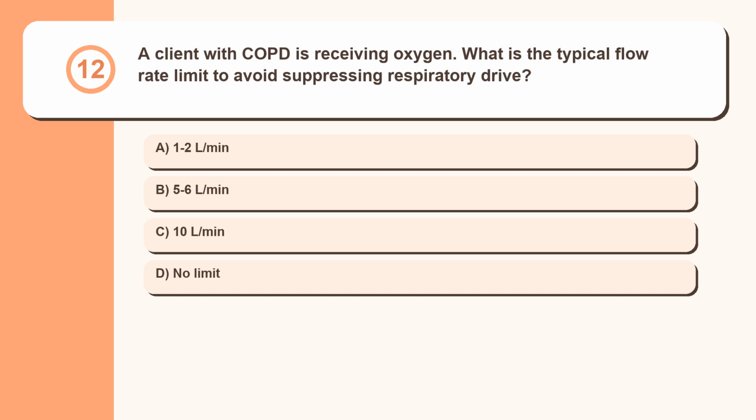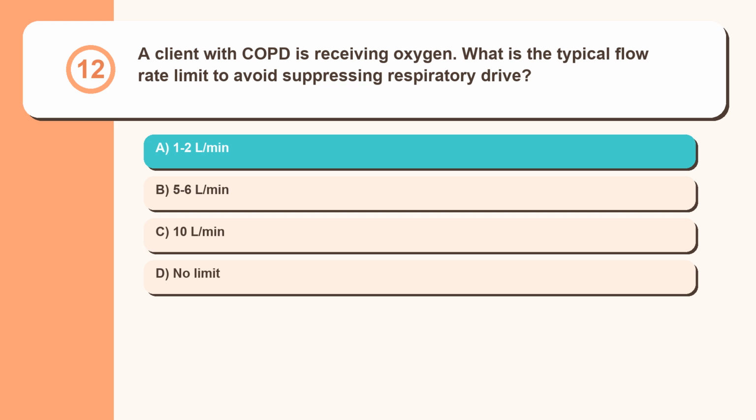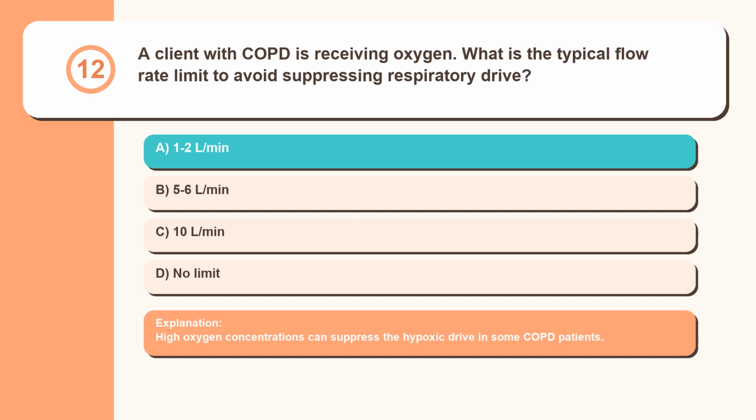Question 12. A client with COPD is receiving oxygen. What is the typical flow rate limit to avoid suppressing respiratory drive? 1 to 2 L/min, 5 to 6 L/min, 10 L/min, no limit. High oxygen concentrations can suppress the hypoxic drive in some COPD patients.